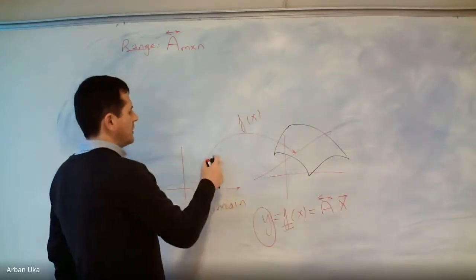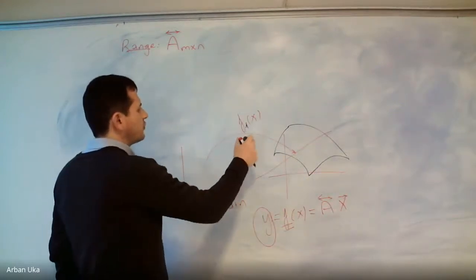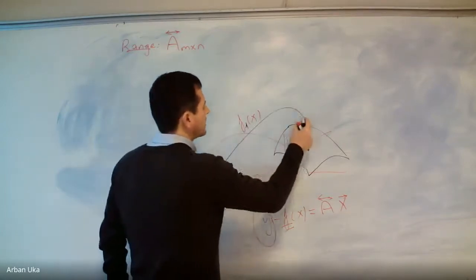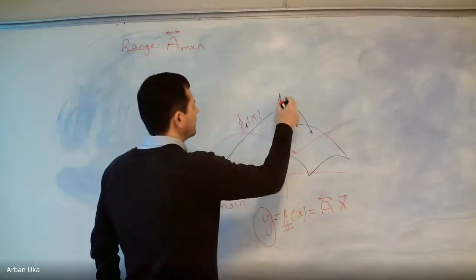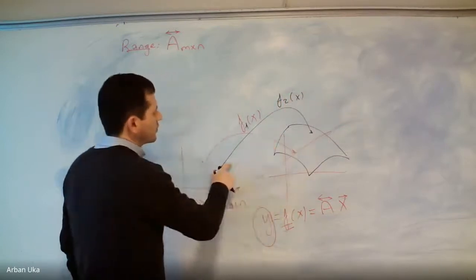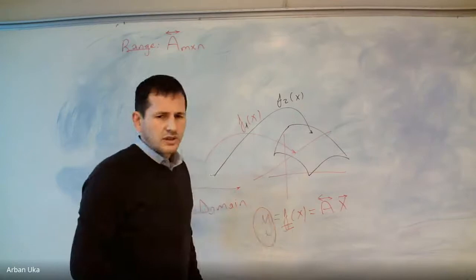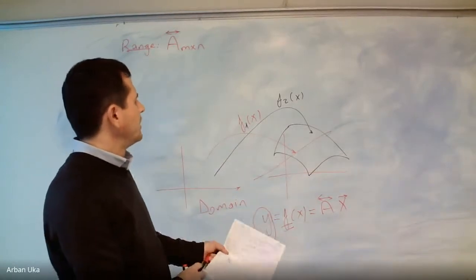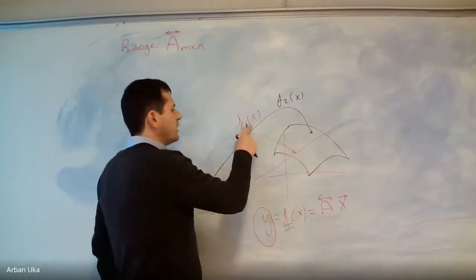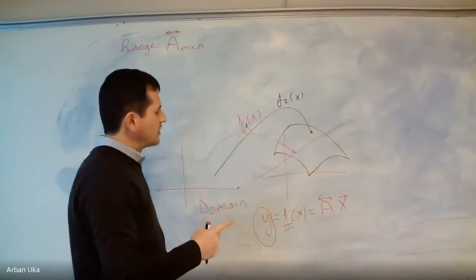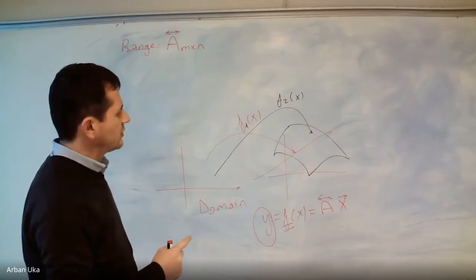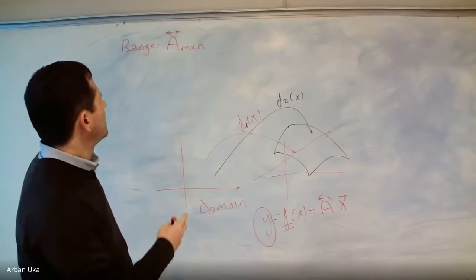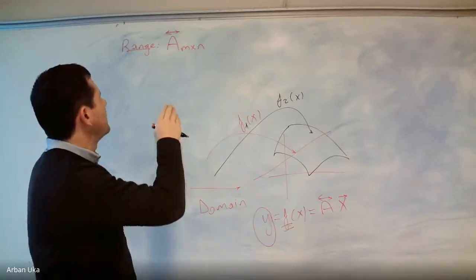So probably we have function f1, it is projected into a line, or we can have another function f2 of x, where the projection is a plane, okay? So the range of f1 can be dimension 1, or the range of f2 can be of dimension 2.